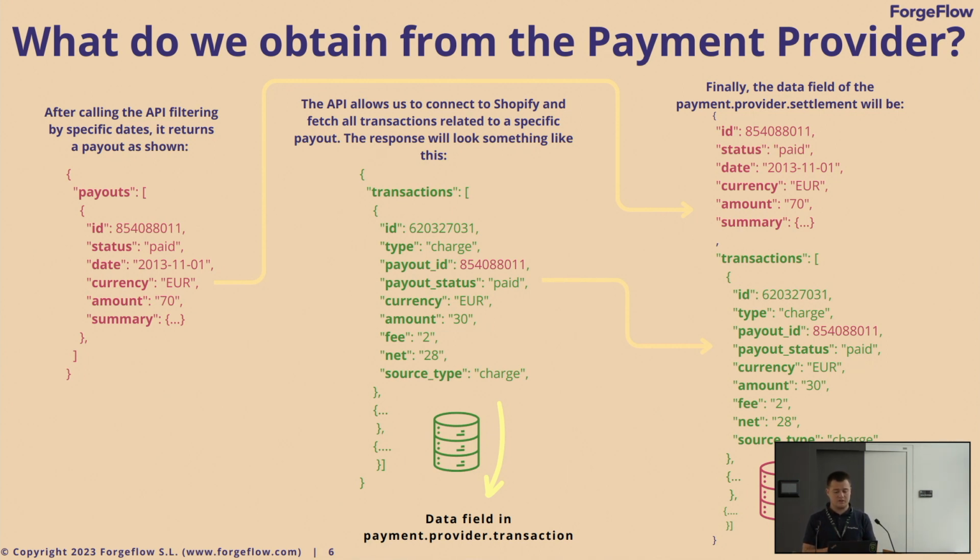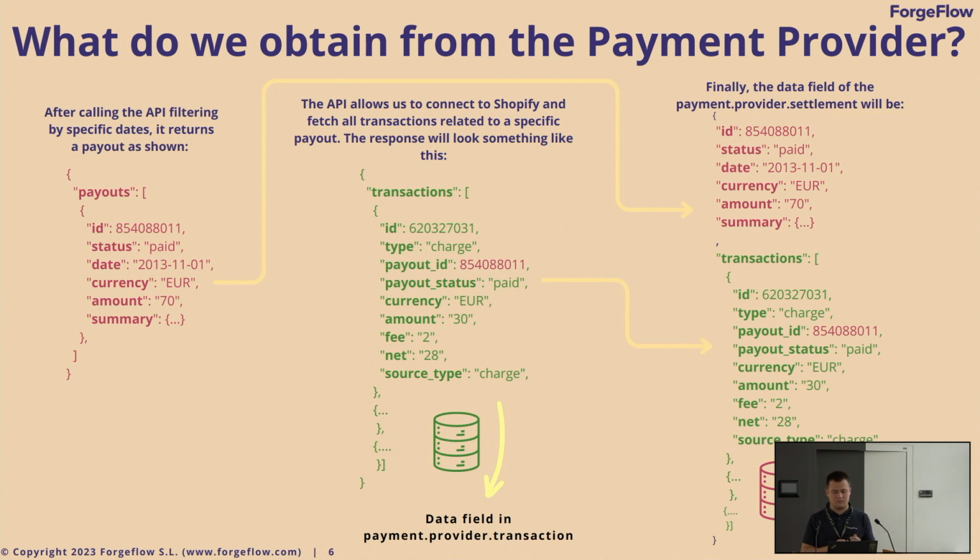With the information about the transactions, you already have enough information to close the customer debt. And then, to do this reconciliation, grouping all the transactions in one payout: in some payment providers, you already have all this information together, but if not, you need to build a solution to relate the information about the payout, with another endpoint.